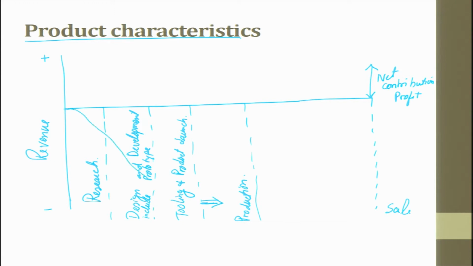It goes up to here and then we go up to profit. Okay. So, once the production has started, then there will be sales which start coming. So, during the sale, from the deep negative side of the revenue, it starts moving towards positive, and the moment you cross the basic investment, there comes your profit. So, this graph you should remember.